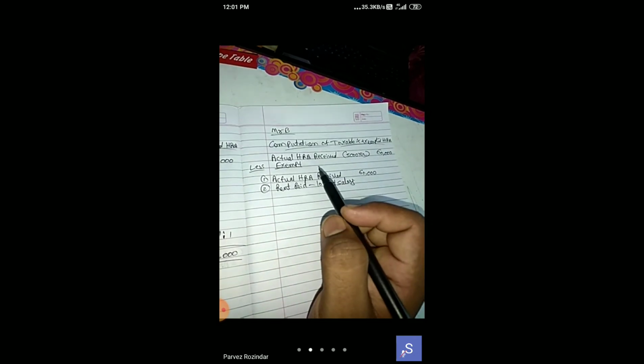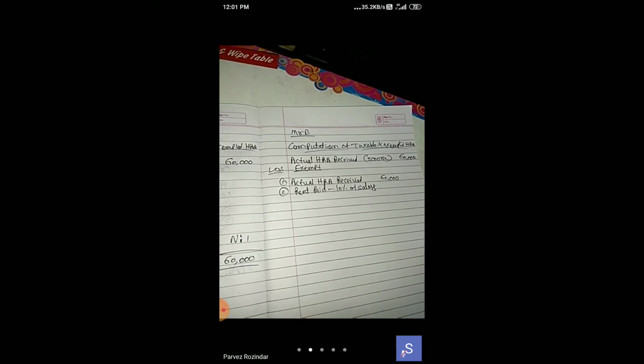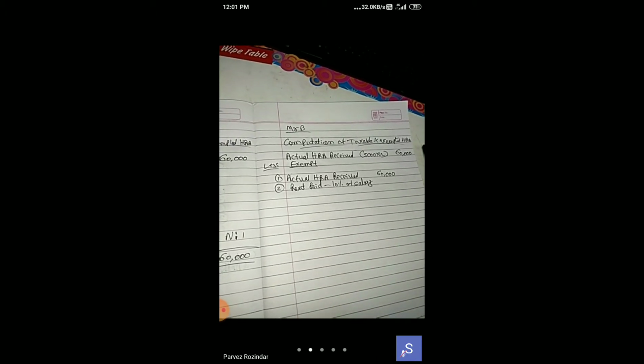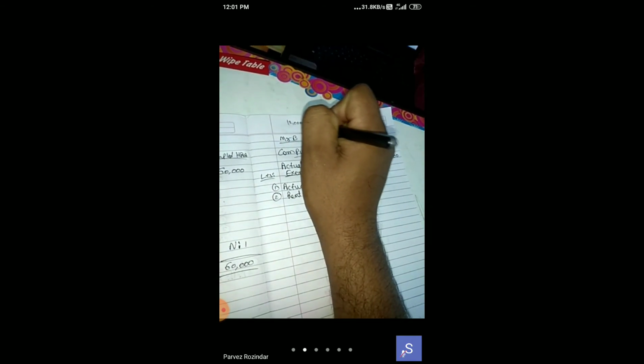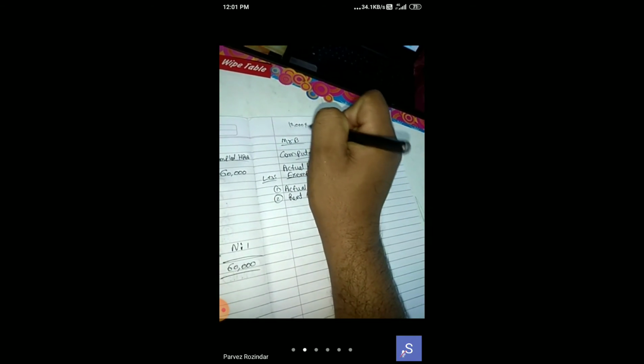How much is the rent paid in this situation? See, it is 12,000 rupees per month. Yes, it is 12,000 rupees. 12,000 into 12.